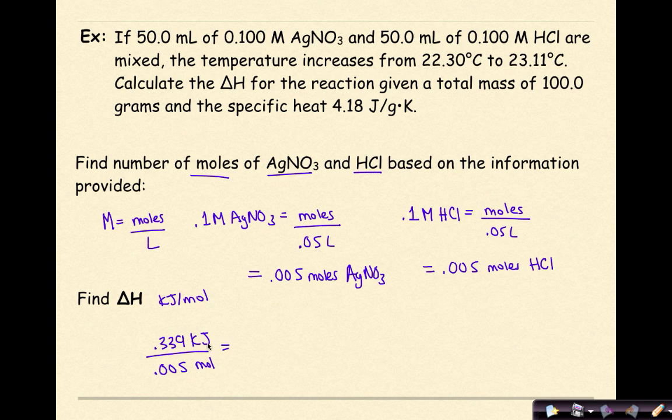And if we work that out, and we're going to go to three significant figures here, we will get 67.8 kilojoules per mole, and that's helping us find the delta H of our substance. So this is the enthalpy change per mole of AgNO3 or HCl. That's what this number is giving us right here.